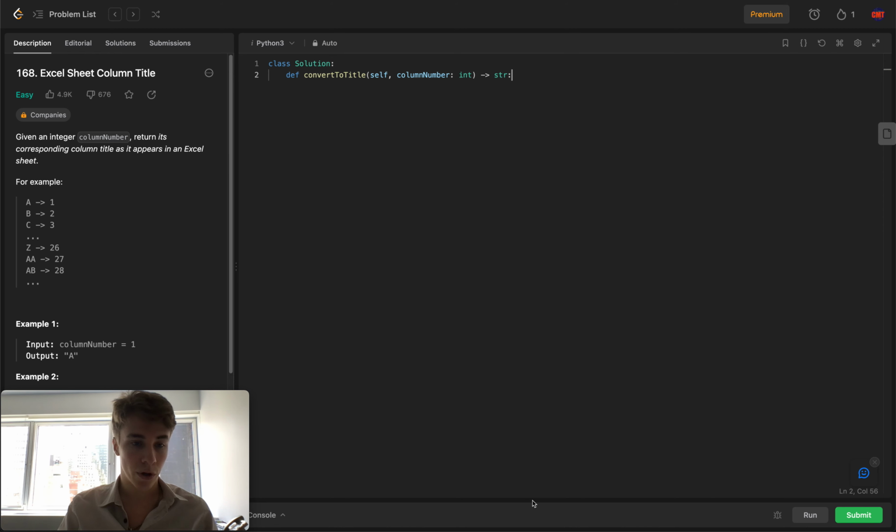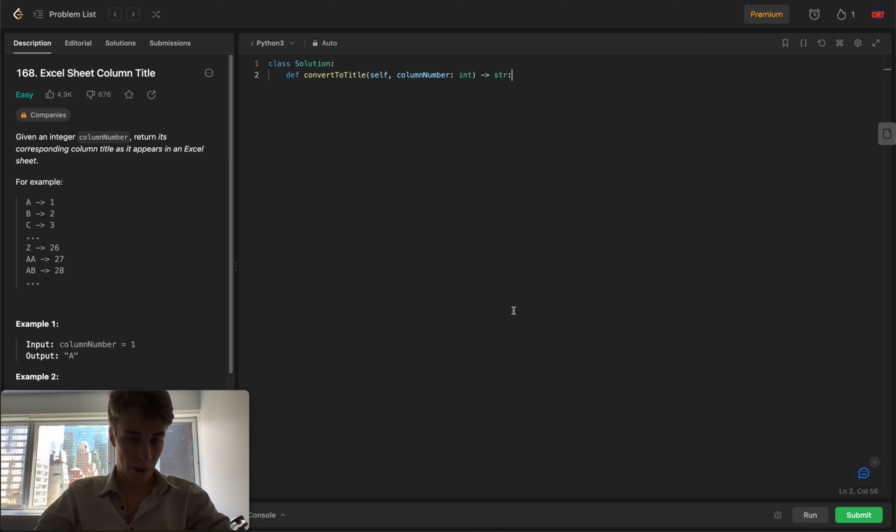Given an integer column number, return its corresponding column title as it appears in an Excel sheet. Okay, for those of you who don't know how Excel shows column numbers, it goes A, B. The rows are numbered 0 through however many, 0, 1, 2, 3, 4, 5, and so on.